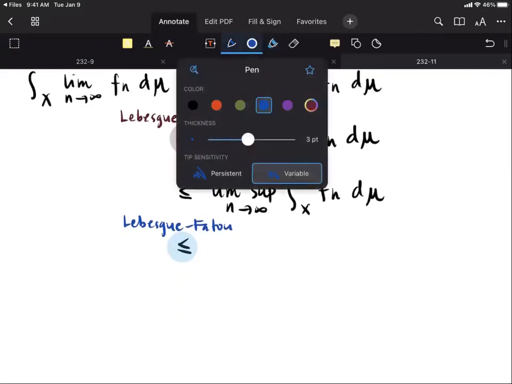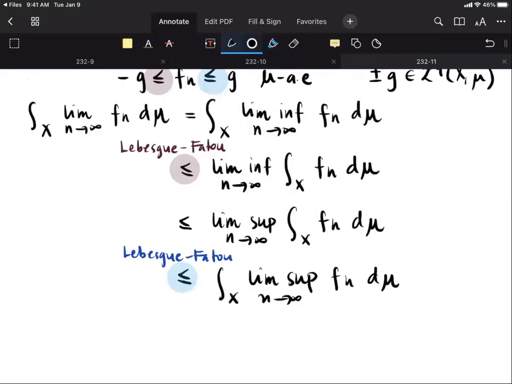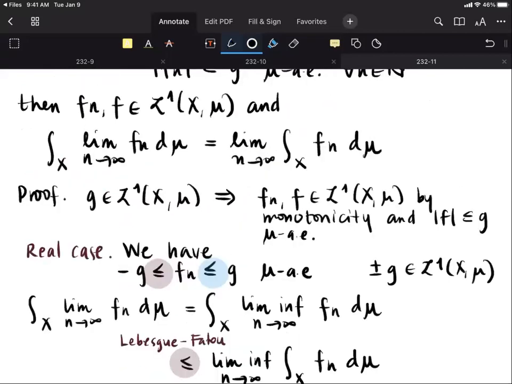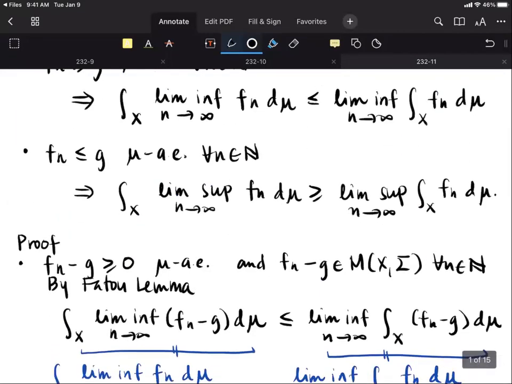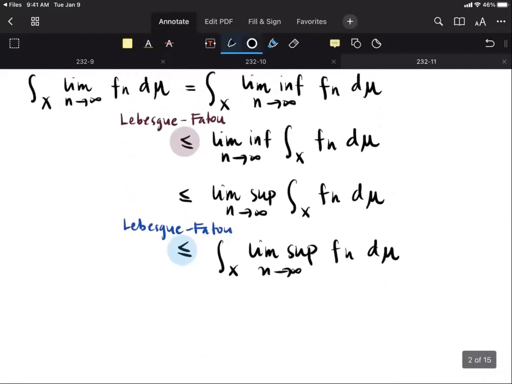So this is less than or equal to the integral of the limit superior. So let us check again. If we want to pull inside the limit superior, we will have a possibly larger value.